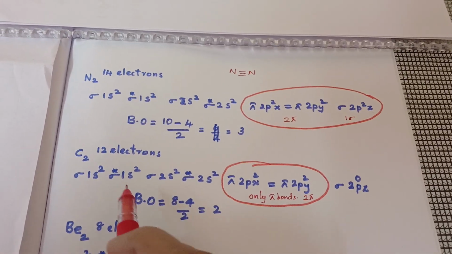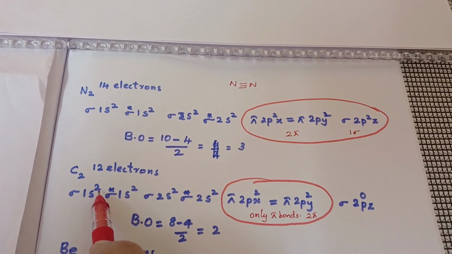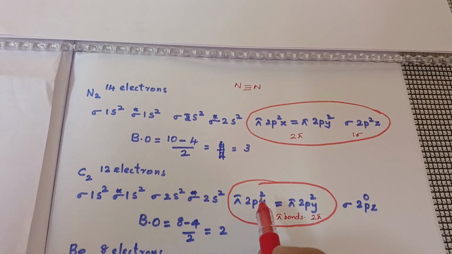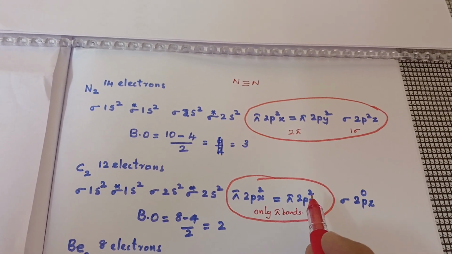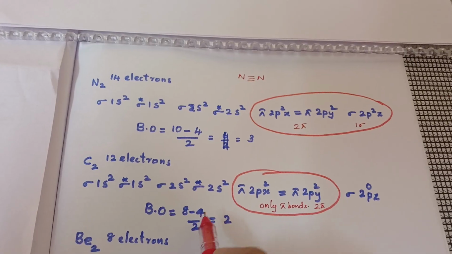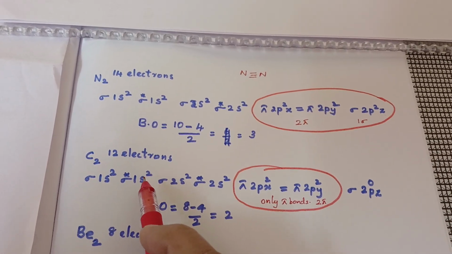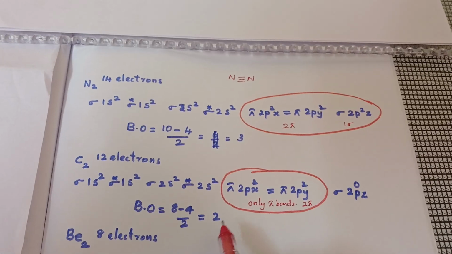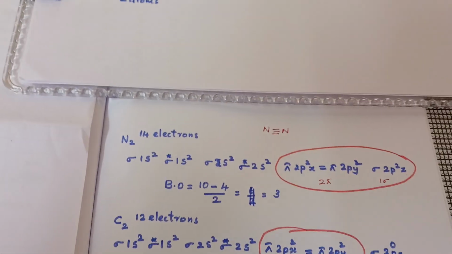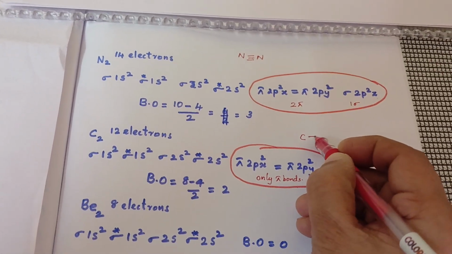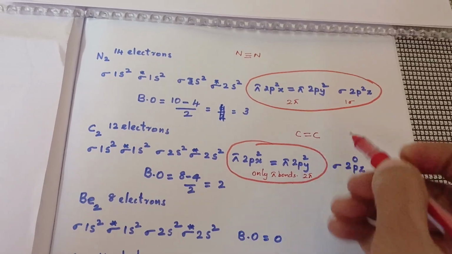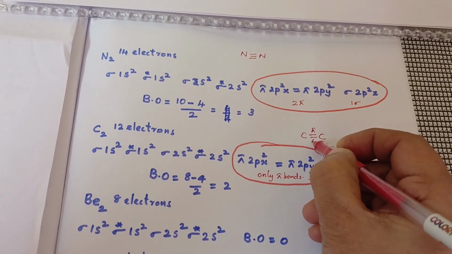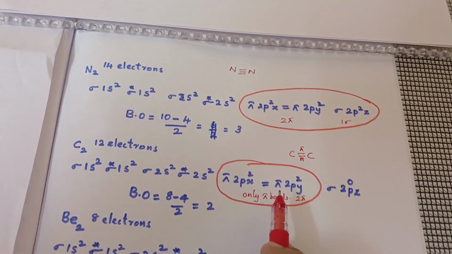Let us look at the bond order. Bonding electrons are 2 plus 2, 4 plus 2, 6 plus 2, 8. 8 minus anti-bonding electrons, 2 plus 2, 4. 8 minus 4 by 2 is 2. So there are 2 bonds between these carbon atoms, and both of them are pi bonds according to molecular orbital theory.